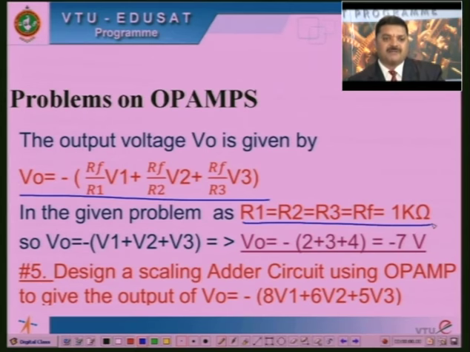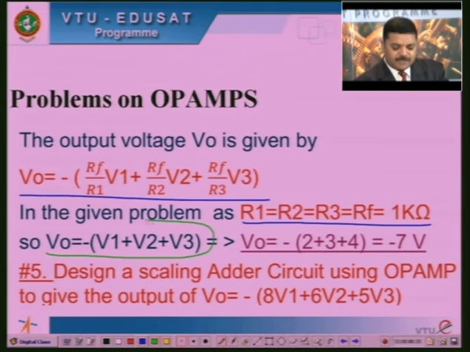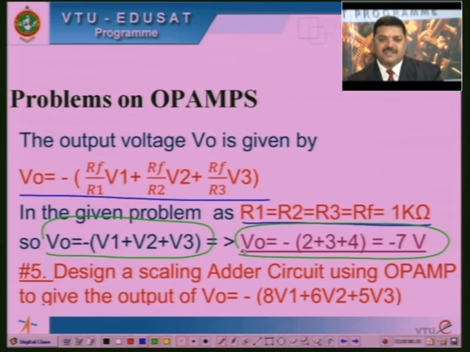So, Rf by R1 gets cancelled, Rf by R2 gets cancelled, Rf by R3 gets cancelled. Therefore, the output expression reduces to V naught is equal to minus of V1 plus V2 plus V3. Therefore, the output voltage V naught is equal to minus of 2 plus 1 plus 4, which is minus 7 volts. So, the output voltage for this problem is minus 7 volts.